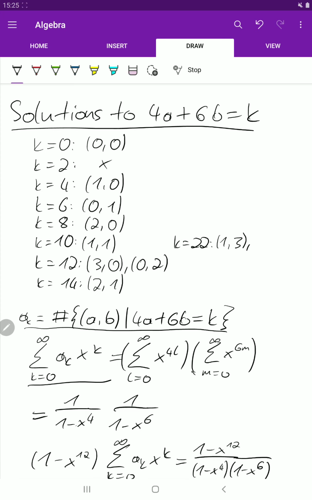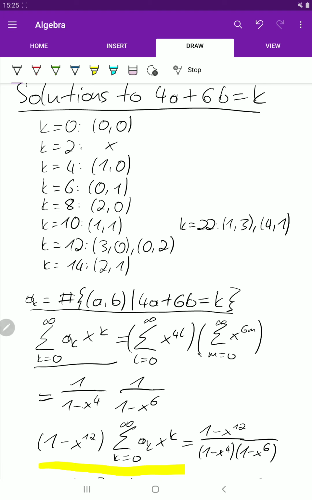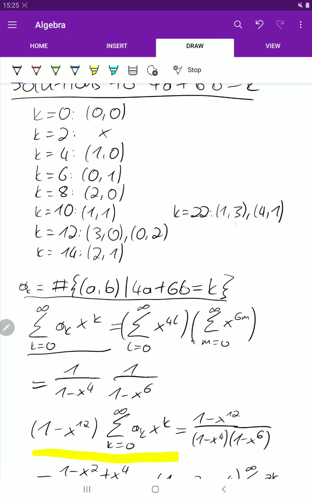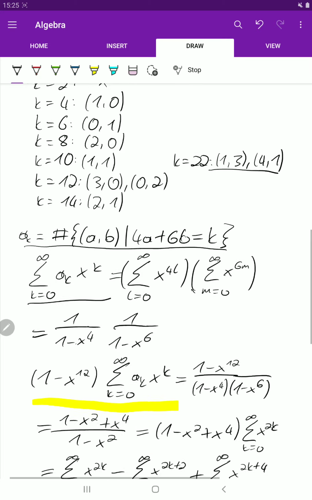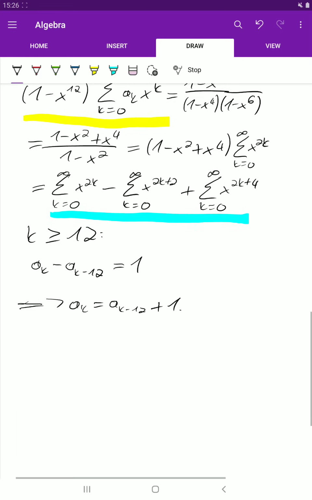And we also have, let's think, if we have 4 fours and 1 six, then we have 16 plus 6, which is also 22. And yeah, so we have 2 solutions here. Okay, so far about the number of solutions.